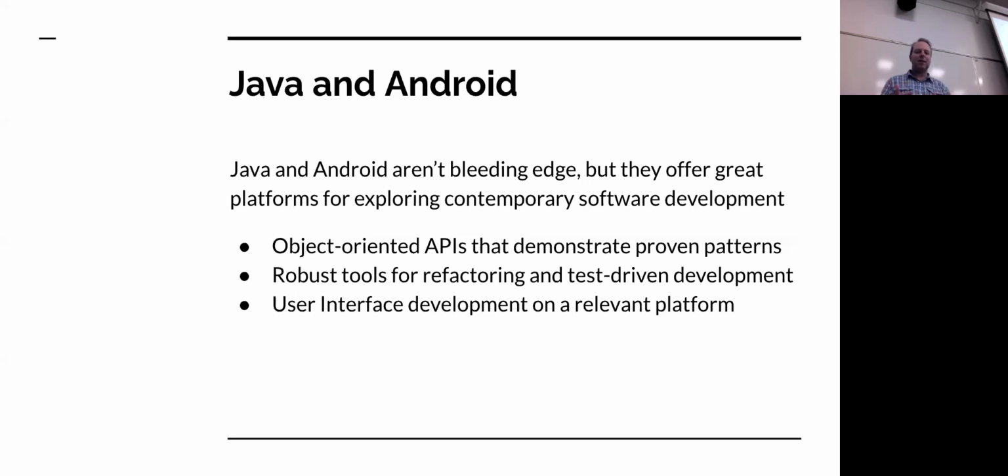And the tools that you'll see with IntelliJ and Android Studio for refactoring, working with code, and the integrations with GitHub provide a high quality, professional developer level of tooling to help you go fast. And also, Android, I think, provides an overall relevant platform to develop user interfaces on, and it is relatively straightforward to use.